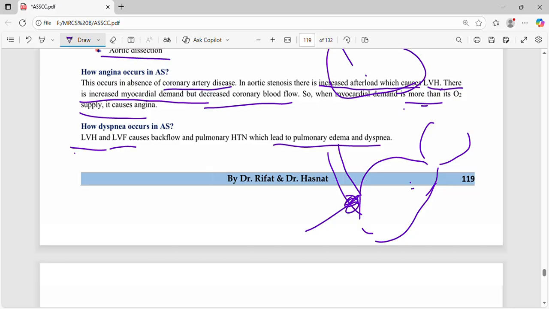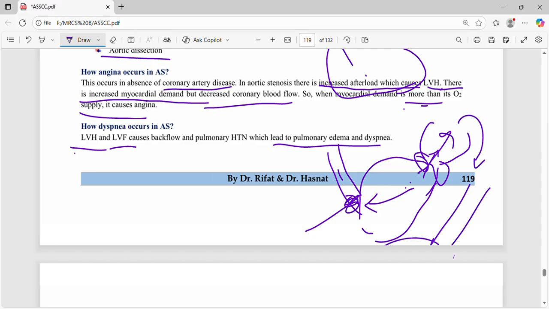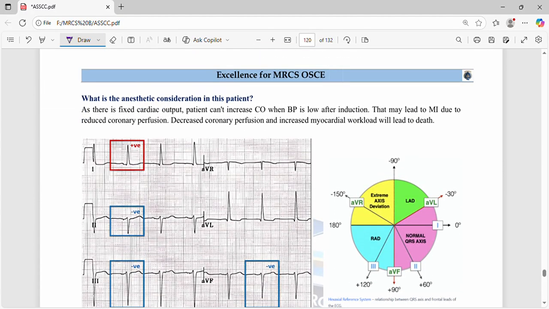They have to work really hard to push this blood into the aorta, so there will always be back pressure. Mitral regurgitation can occur, and in long-standing cases pulmonary hypertension occurs, and this will lead to pulmonary edema.